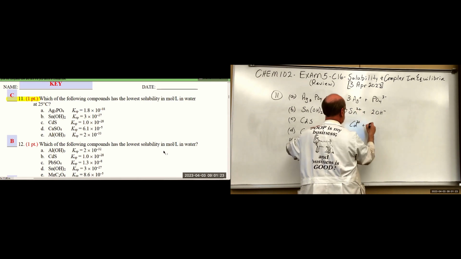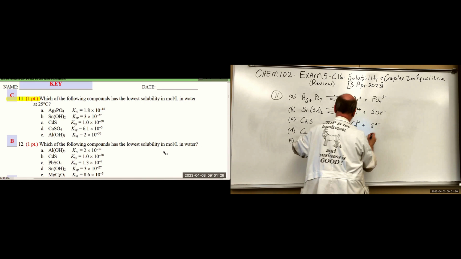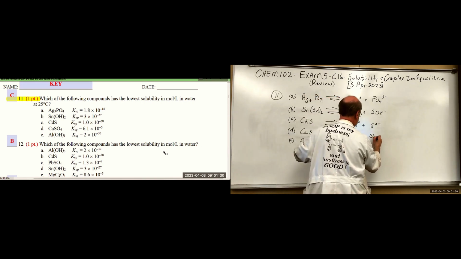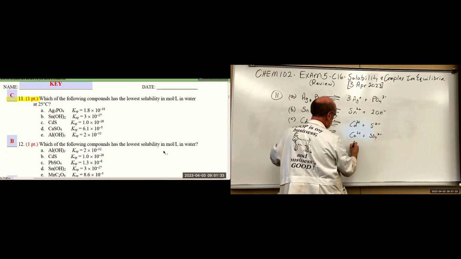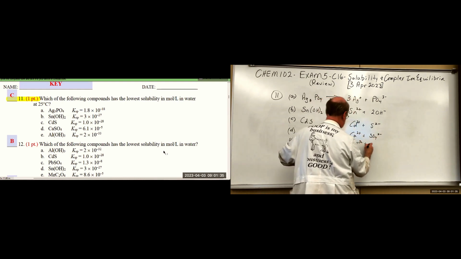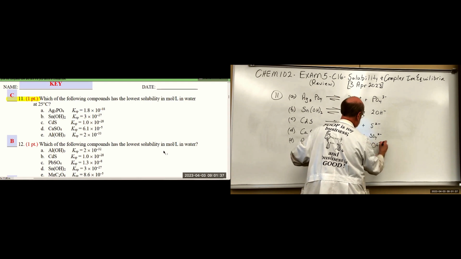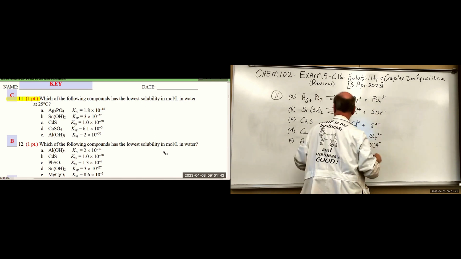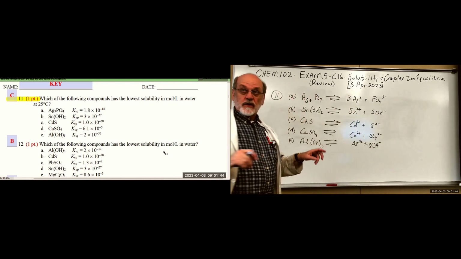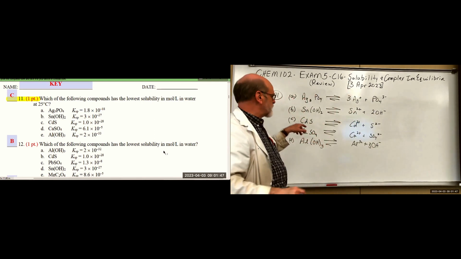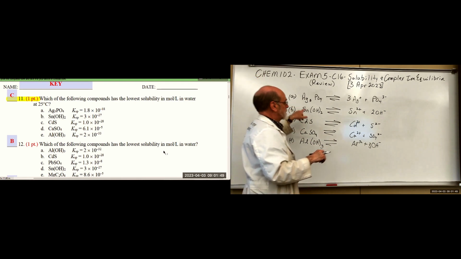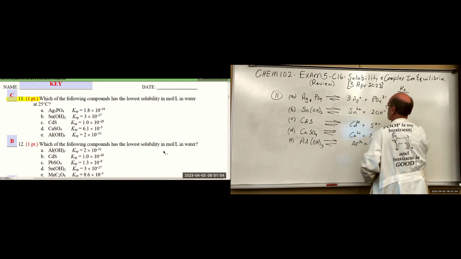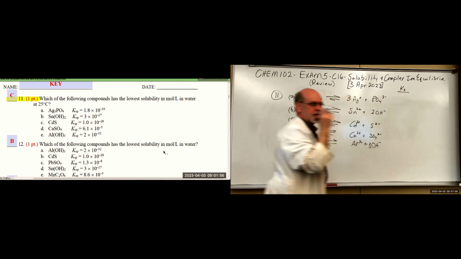This is 2 pluses, and the sulfur is 2 minuses, and then the calcium is 2 pluses, and the sulfate is 2 minuses. The aluminum is 3 pluses, and the hydroxyls. So let's see. That looks good. Okay, so the KSP expressions for each one of these would be, well, let's look at it this way.